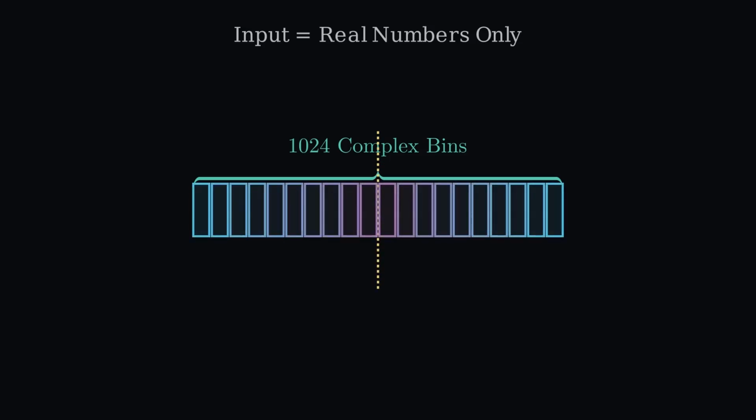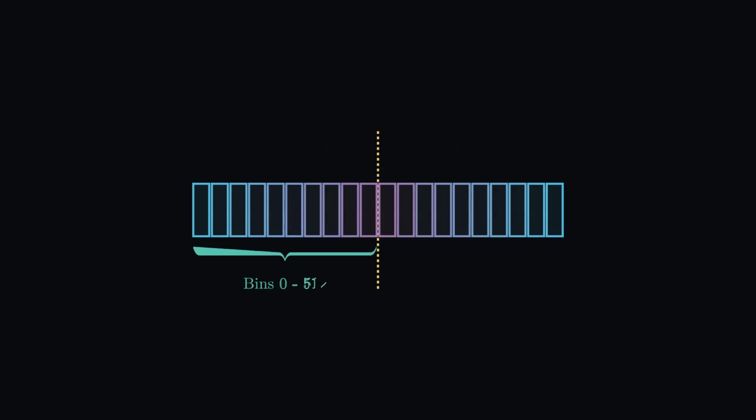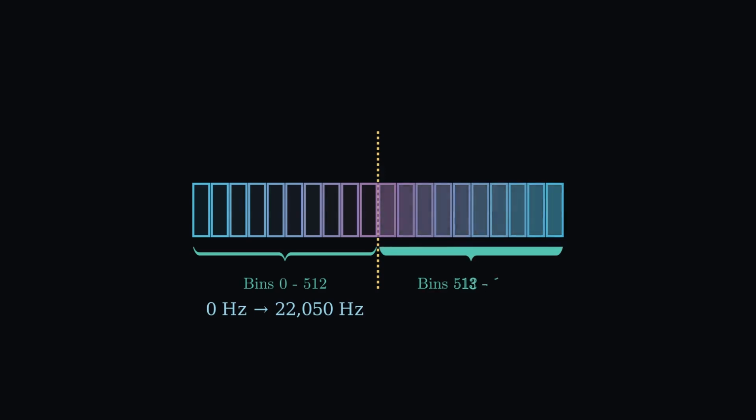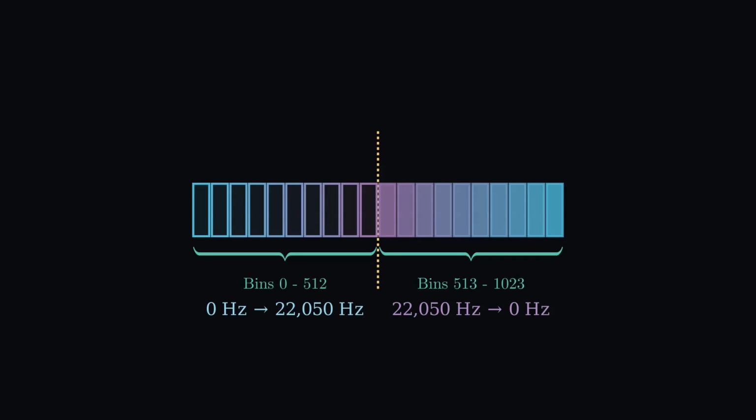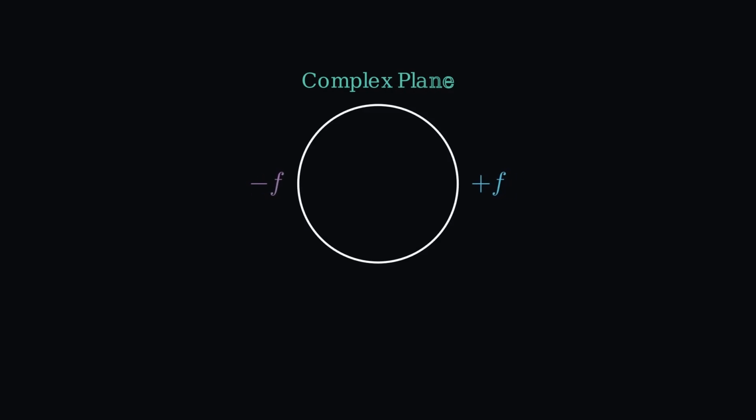The first half of the array, bins 0 to 512, represents our actual audible spectrum, scaling from 0 Hz up to 22,050. The second half of our array, bins 513 to 1023, contains the exact same information, but backwards. You can think of them as negative frequencies wrapped around the circle on the complex plane, but we have to maintain this symmetry for the audio to remain audible.